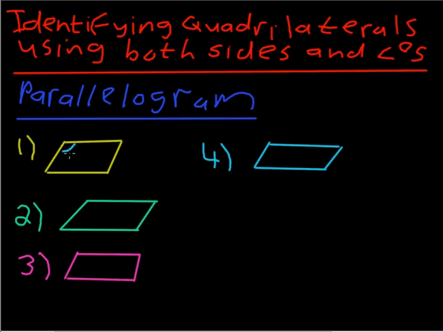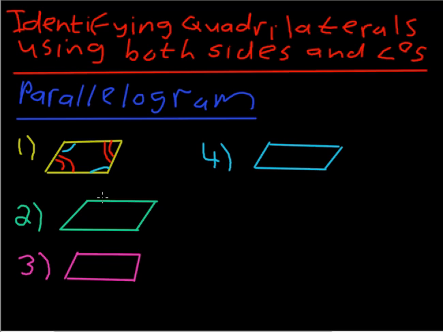So both pairs, this is one pair of opposite angles, but we also need another pair of opposite angles. So if we have two pairs of opposite angles equal to each other, it's enough information to say it's a parallelogram.